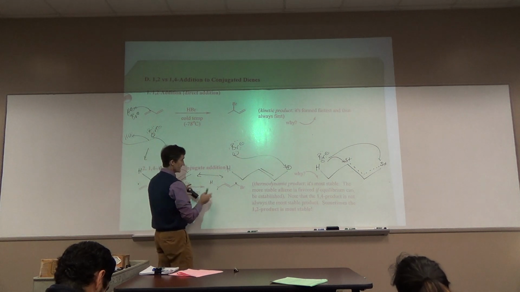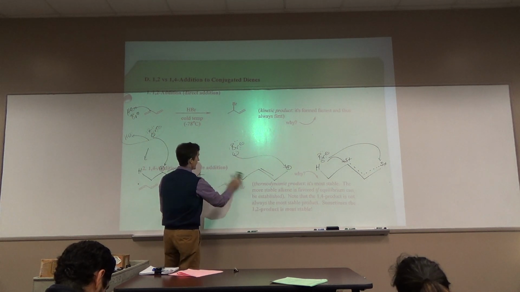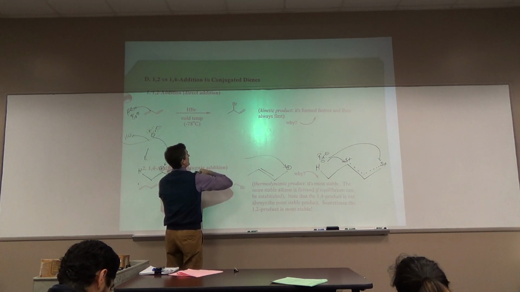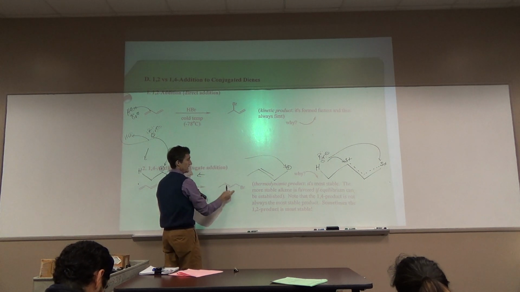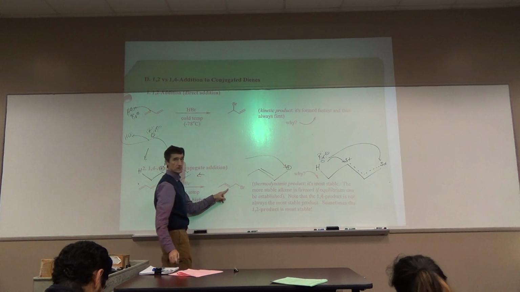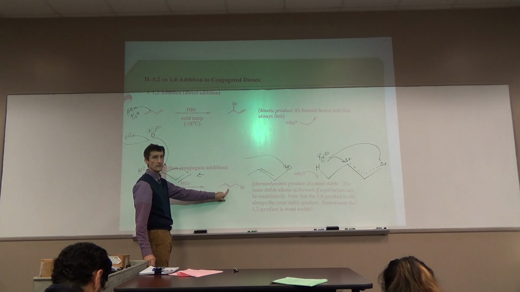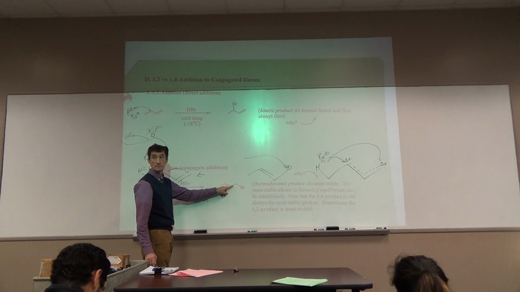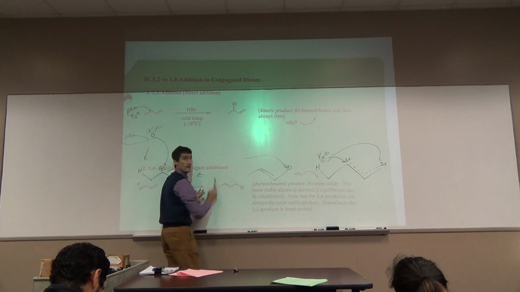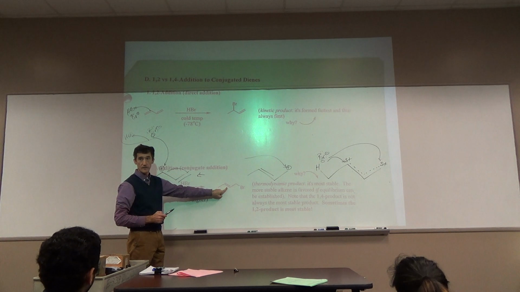Which product is more stable, though? The two products are shown. Cold product, heated product. Which one's more stable? Top or bottom? Bottom, why? Disubstituted alkene. That's a monosubstituted alkene. More stable.